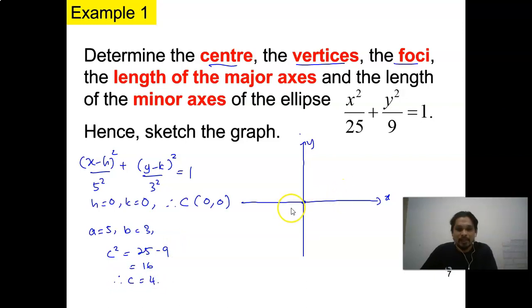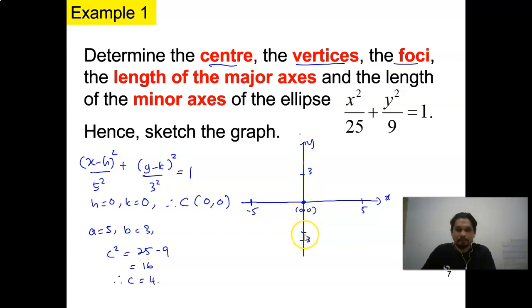Okay. So right now, a is greater than b, and a is 5, which is under x. So it means we move 5 units to the left from (0, 0), and 5 units to the right. Next is b, which is 3: from here move 3 units above and 3 units downward.